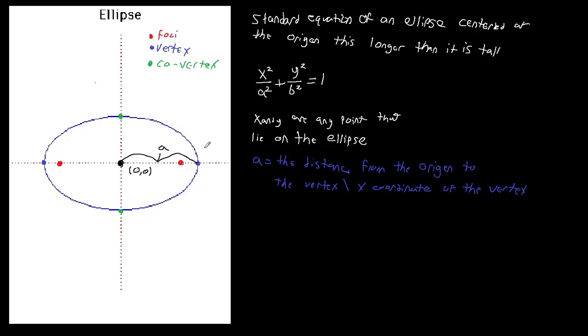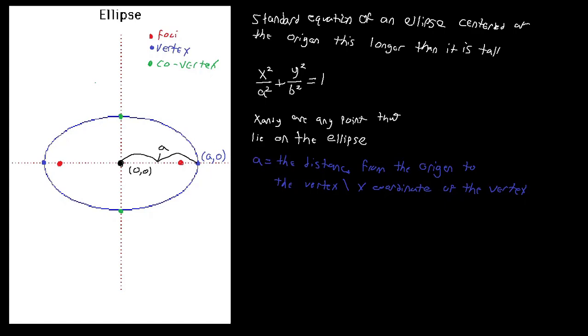If this distance is A, then the vertex has the coordinates A, 0, because the vertex lies on the horizontal line, which is the major axis.